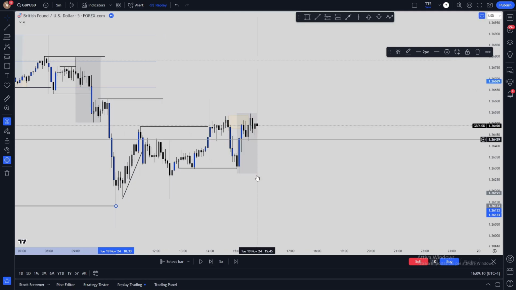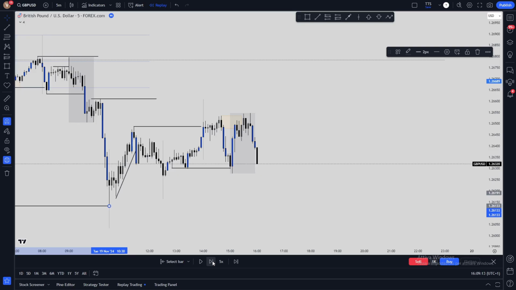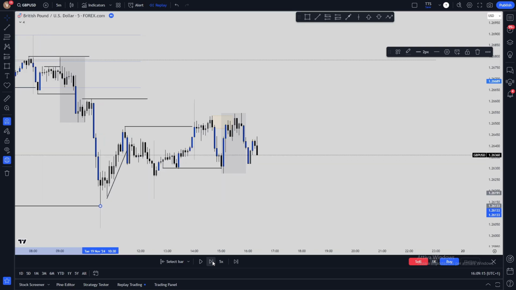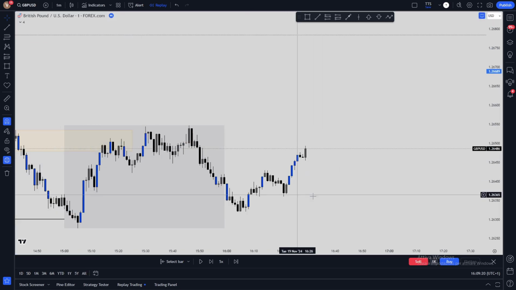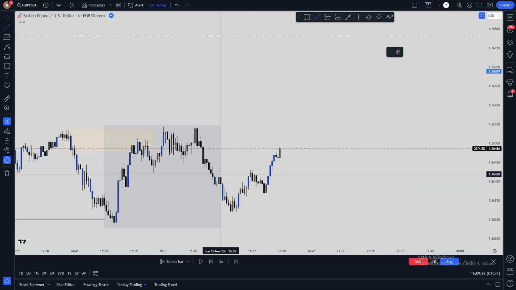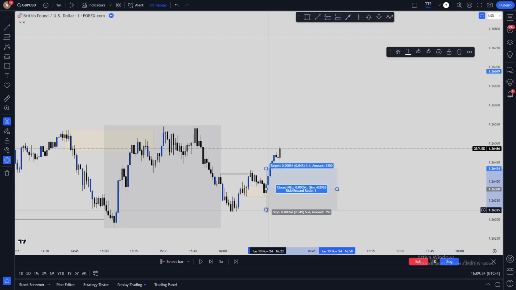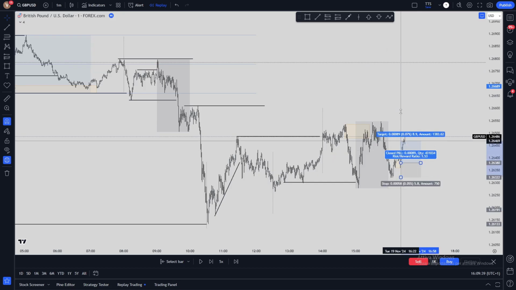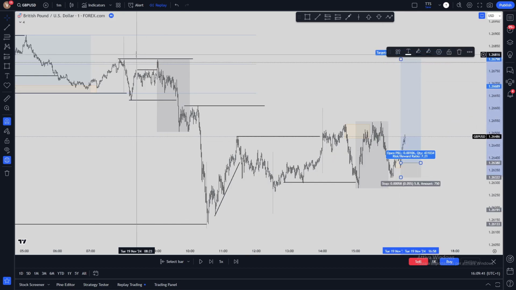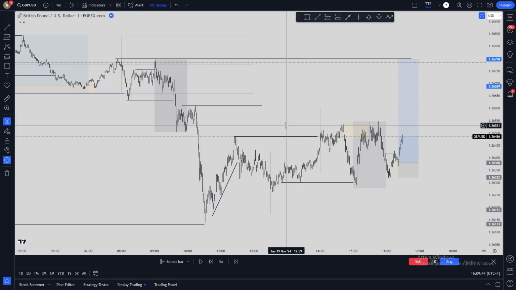Now we took out this, perfect. Came back, reacting from this area. I remember this. Now we have this breakout structure. We have this mitigation here, this PI here, and this was our trade, stop loss below here, and TP is on this relative equal, very clean.